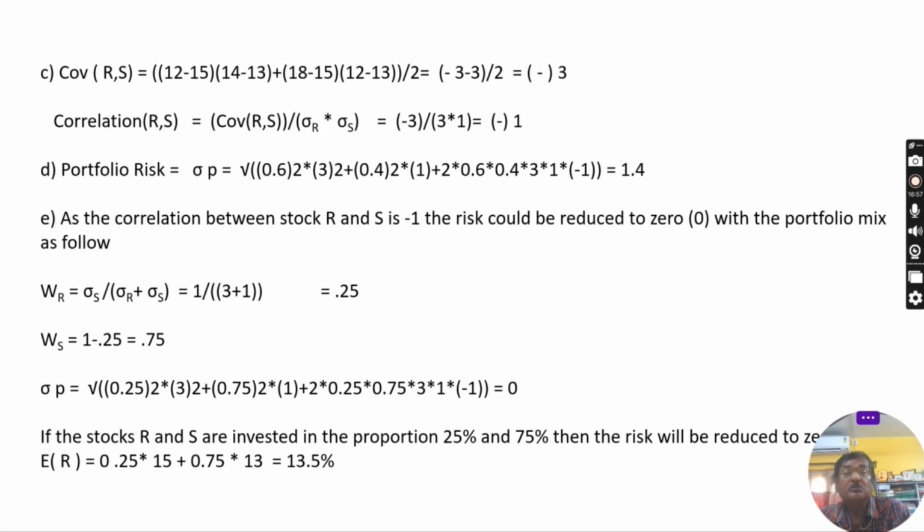And also I will discuss the case of finding the best minimum reduction of risk, that is minimum risk, when the correlation coefficient is any possible value. That I will also discuss in my next video.